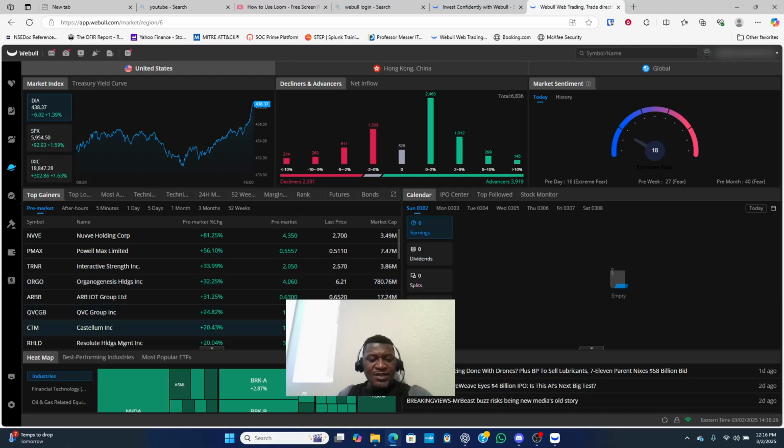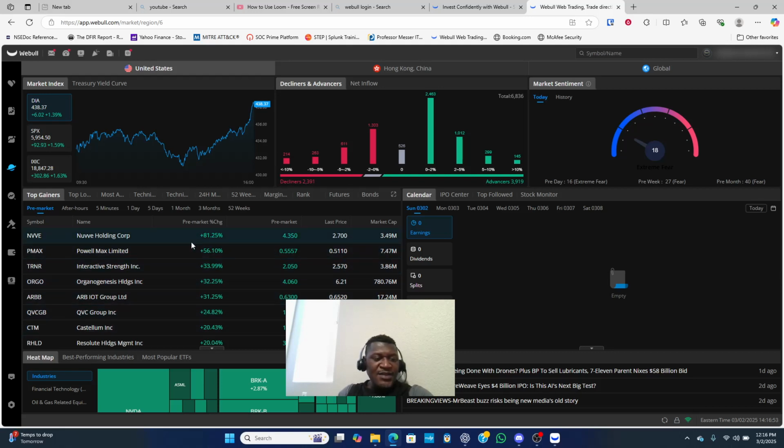If a stock has $3 billion, that's a real company. But you have stocks that have $500,000 market cap, and it's moving up 400%. It doesn't mean that you cannot take advantage of it, but it means that you have to get in and get out, because most of these stocks have news that you will never understand, and how they operate you will never understand. So I pay very close attention to this market cap here.